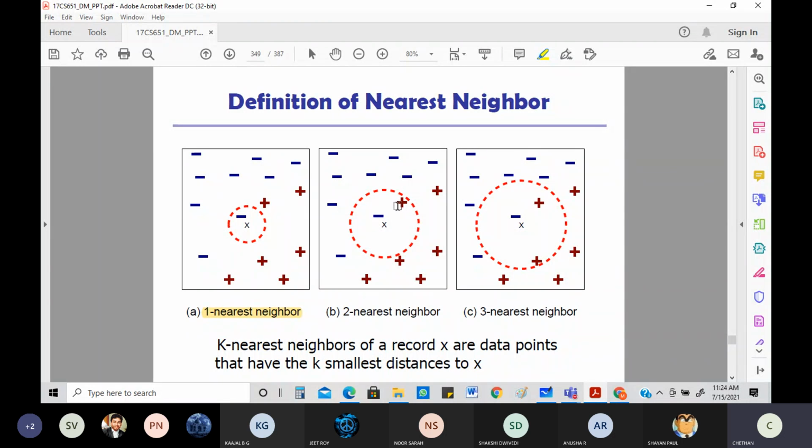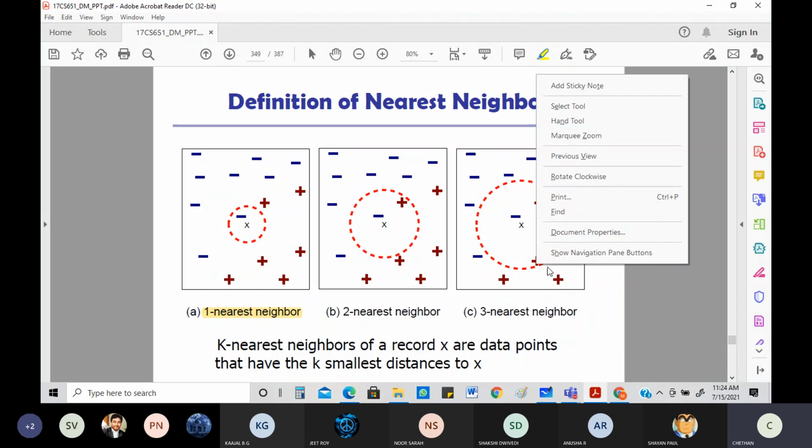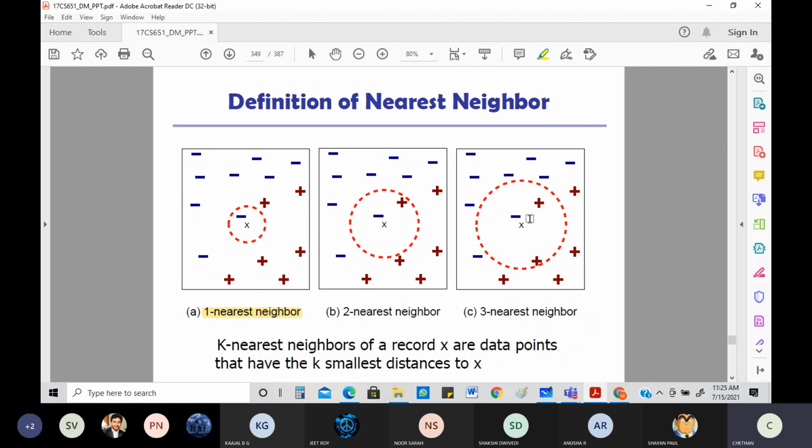Then if you go for three nearest, in very simple terms, they are calculating for one data point, two data points, three data points. If you go for three data points, there's one more that comes in here, along with 1 and 2. If you go for the fourth, which one is nearest?